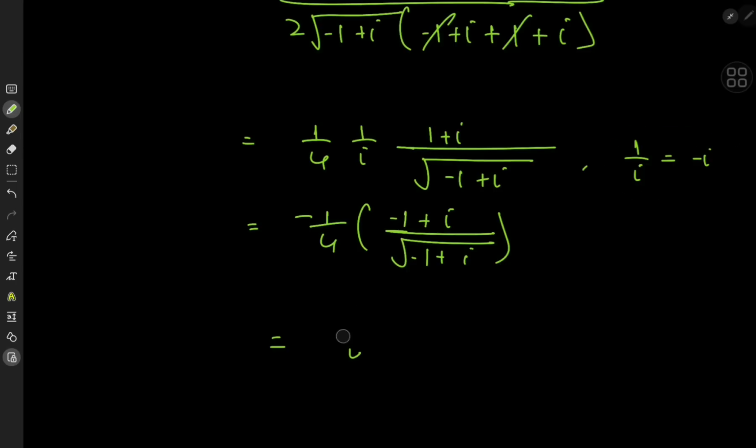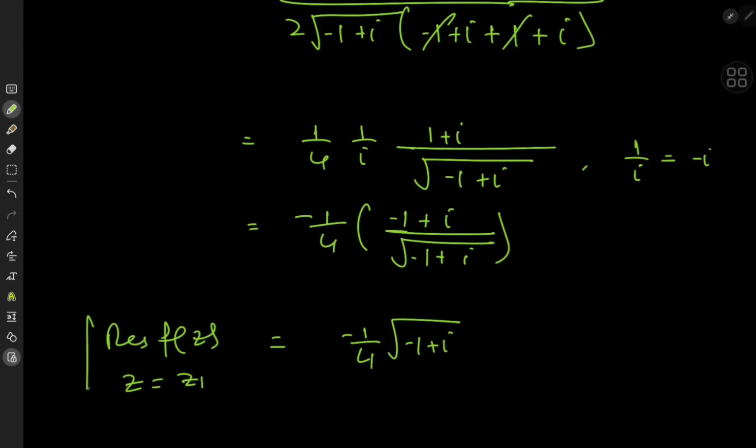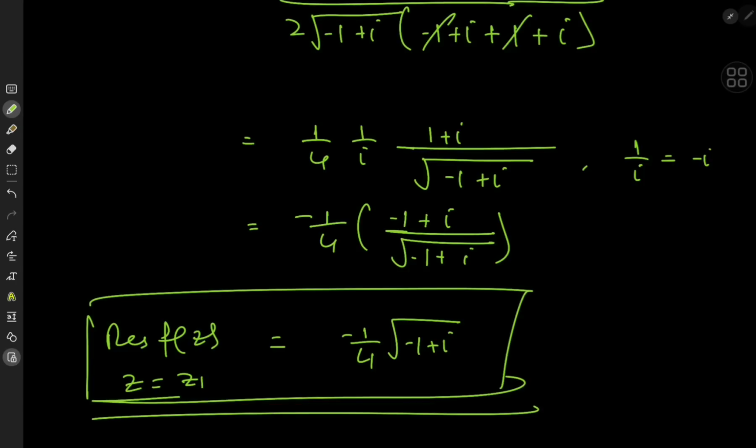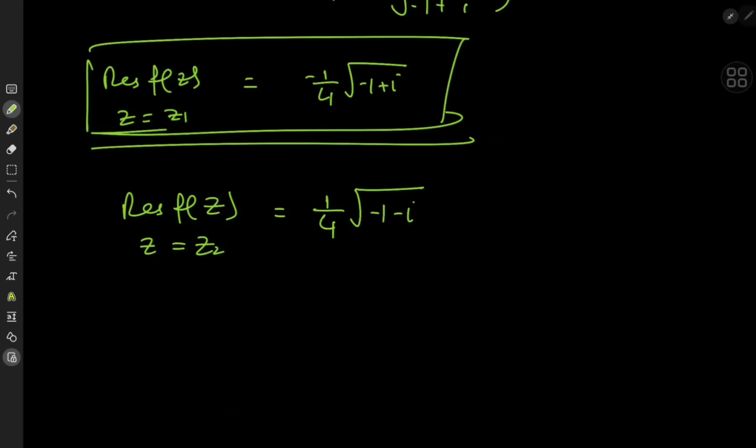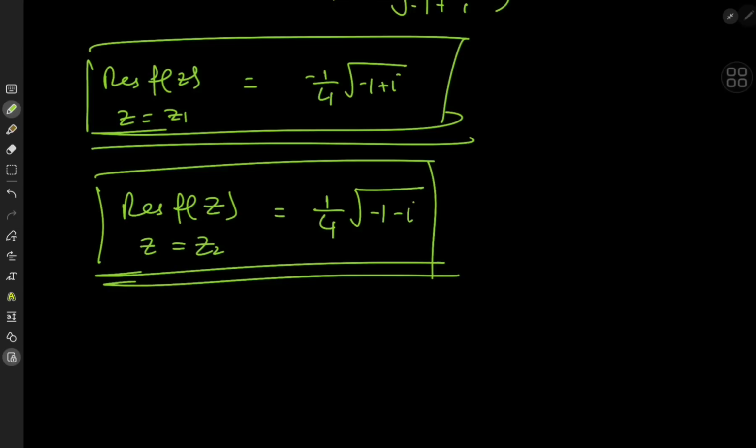Okay, great. So we have negative 1 quarter times root negative 1 plus i. That's the residue. Terribly sorry about that. The residue of the function f of z at z equal to z sub 1. And now for the other residue, it's pretty much the same drill. So I'm going to leave this as an exercise to you good folks watching.